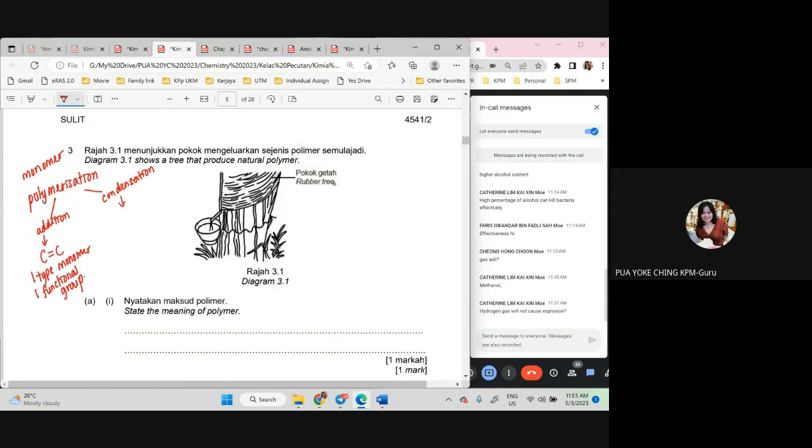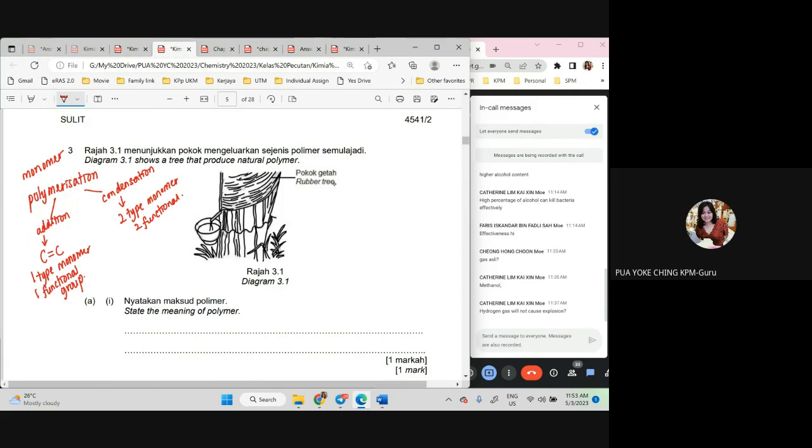Condensation involves two types of monomer, two different monomers, and then you have two different functional groups. The functional groups can be many. It can come from your carboxyl group, which is your acid.